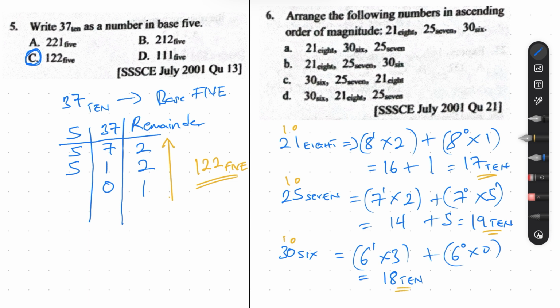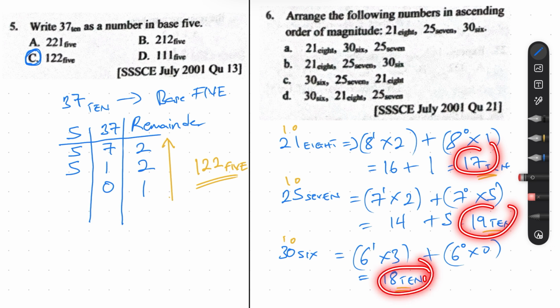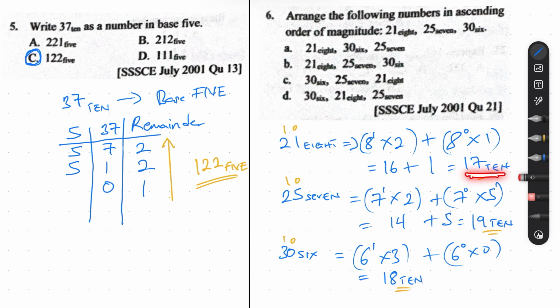So now we need to compare and then we arrange, right? Here we have 17, we have 19, and we have 18. So the lowest is 17, followed by 18, followed by 19, right? So 17 is the lowest, so this will come first. 21 base 8 will come first because this is the lowest.